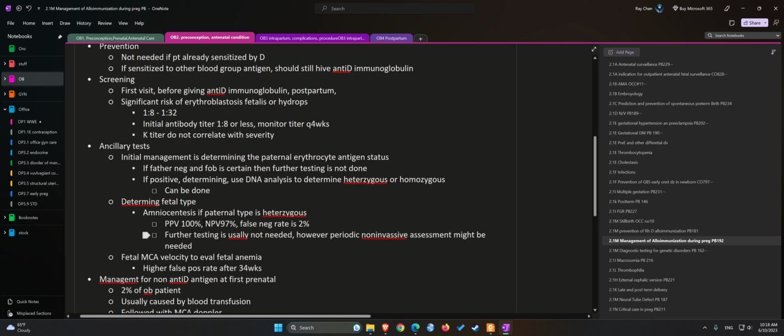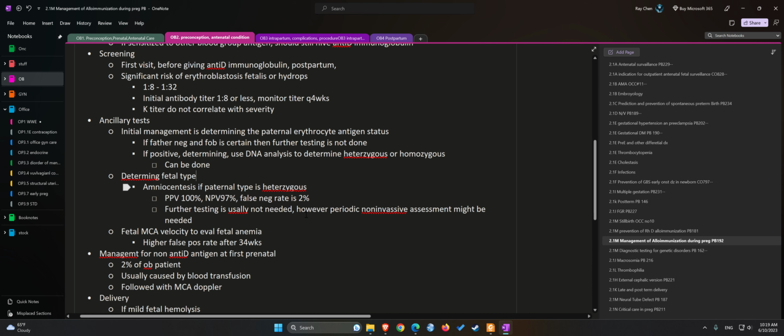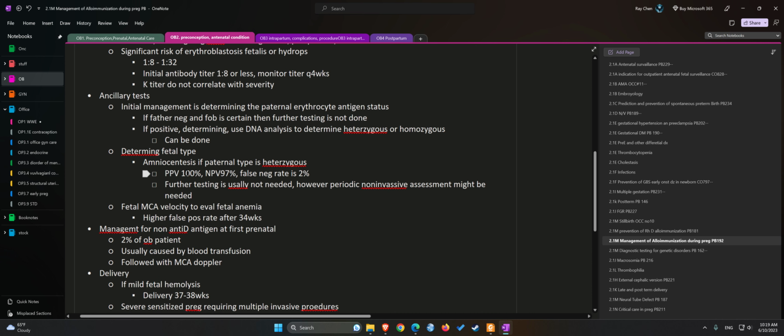Then we determine the fetal phenotype by amniocentesis if the paternal type is heterozygous. Positive predictive value is 100%, negative predictive value is 97% with a false negative rate of 2%. Further testing is usually not needed.